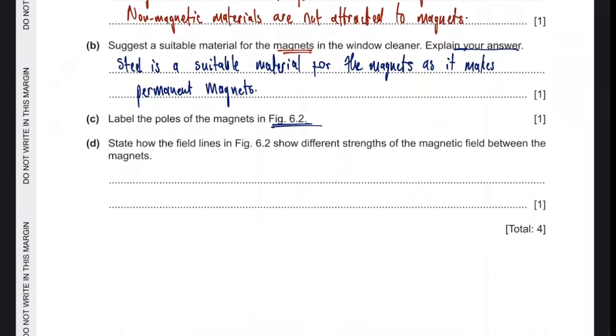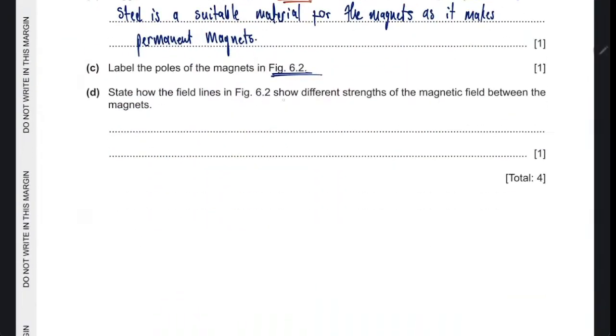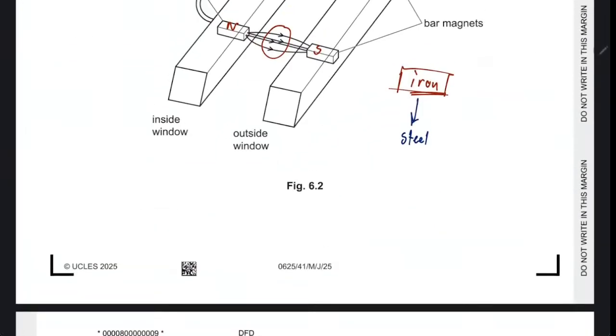Here they now say, state how the field lines show different strengths of the magnetic field between the magnets. That's the last one now. How is it that the field lines here show the different strengths? Okay.